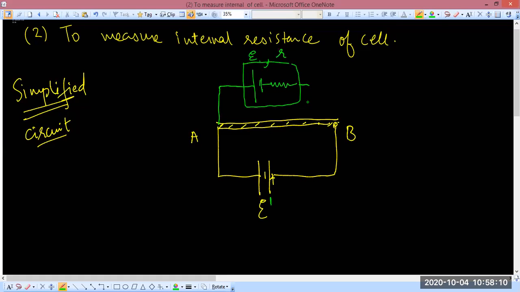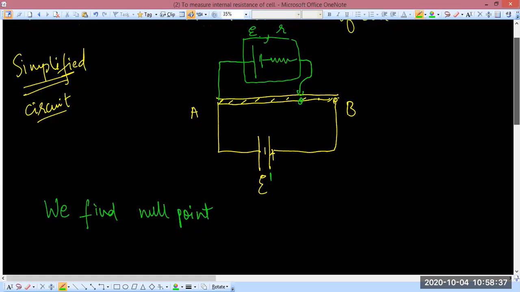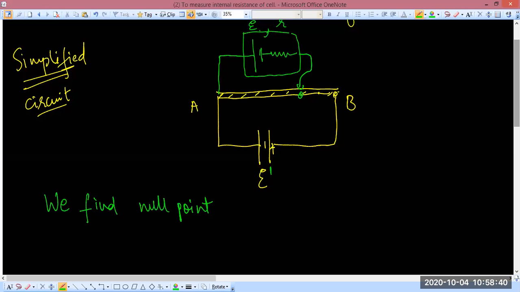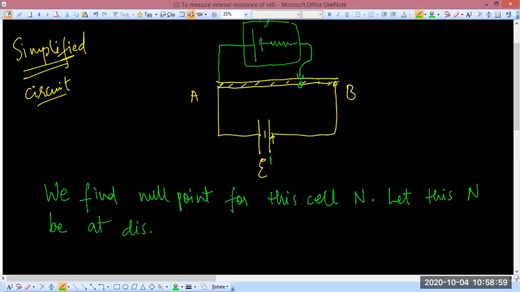Okay, and we try to find the null point as usual. So we write it as follows. I'm getting you to write it down, right? You won't need to write things like 'we connect a battery or a cell as shown' now, you know how.